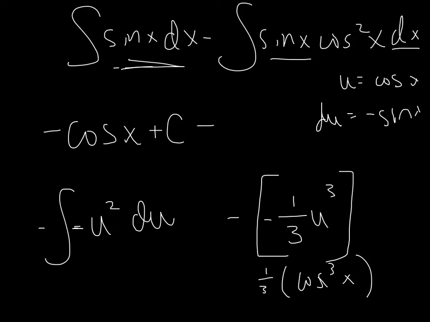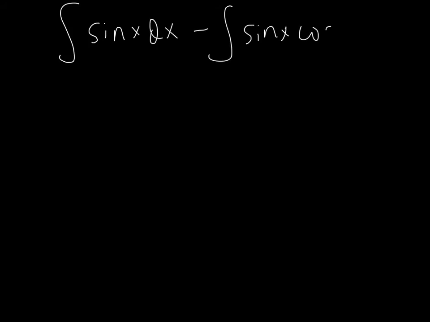1/3 cosine cubed x. So right now I have the integral of sine x dx minus the integral of sine x cosine squared x dx. And we said this was negative cosine x.